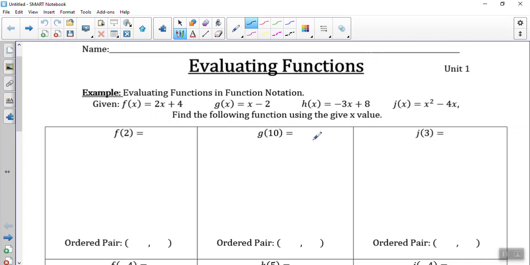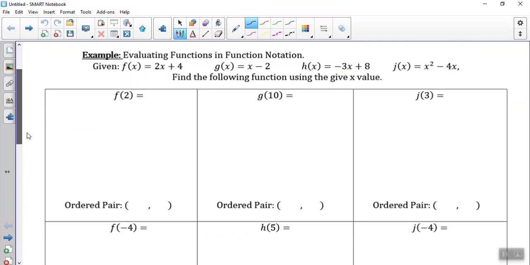When we go to our problems, this is calling the F function right here. And then after that we write parentheses and we have an x here, and it represents our input. It basically tells us what we have to substitute in for our function here.